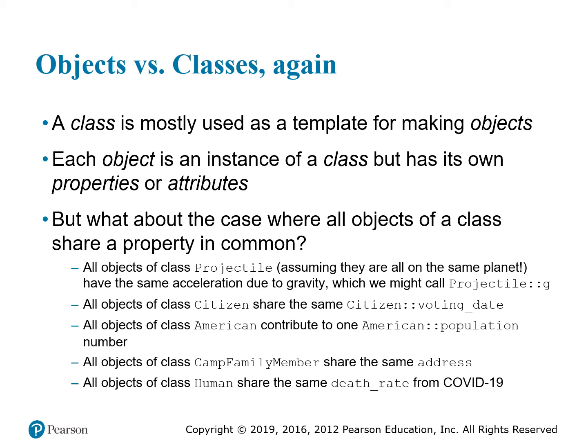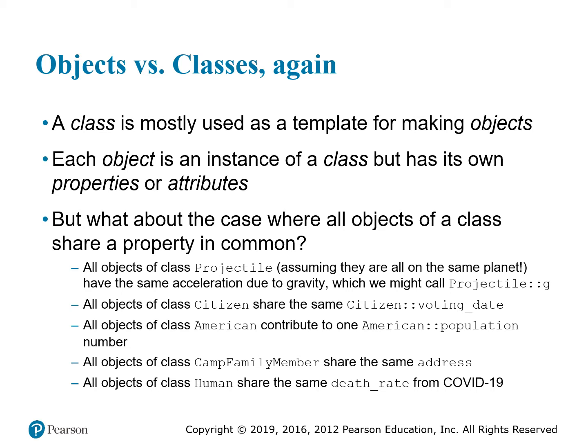You could have 3 different tree objects and they could each have a different height, a different age, all these properties or attributes that would make them unique objects. But what about the case where all objects of a class share a property in common? We talked last time about a class projectile that could model projectile motion.